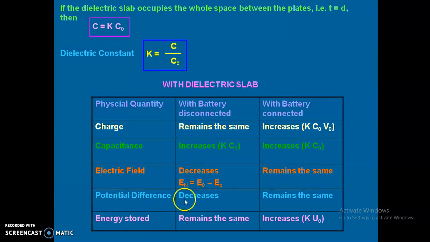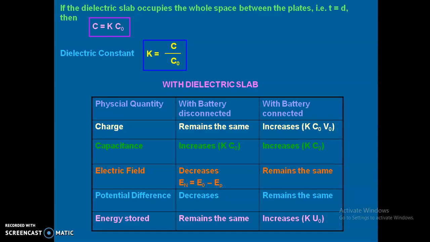Potential difference decreases, and when the battery is connected it remains the same. So these are the cases with the battery disconnected, and these are the cases with the battery connected. Energy stored remains the same when the battery is disconnected, and when the battery is connected it increases by a factor K. It becomes K U naught.